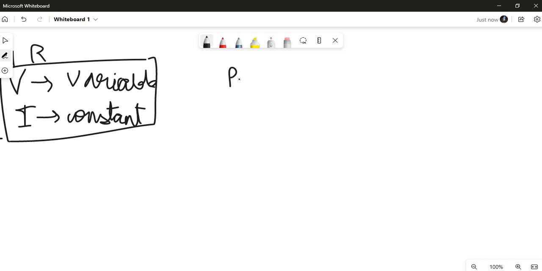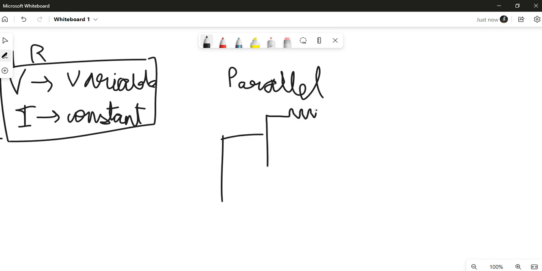Now we have another combination, which is known as the parallel combination. As the name suggests, the resistors are in parallel with each other. I'll show you the demo of how it's connected. For simplicity, I'll assume that there are three resistors like this: one, two, and three.